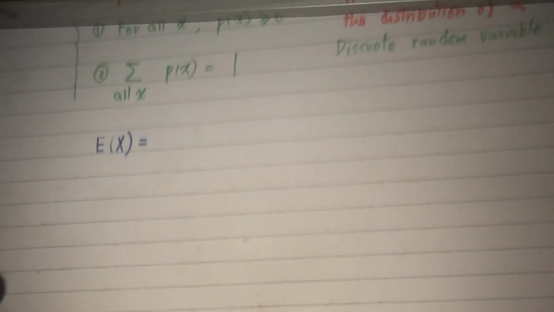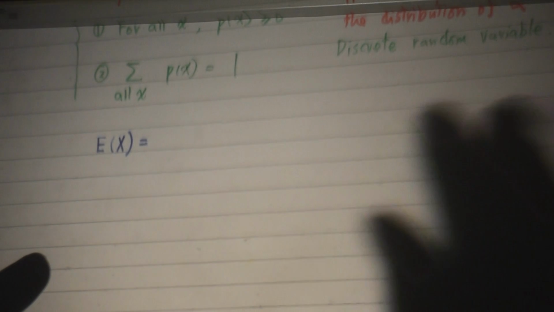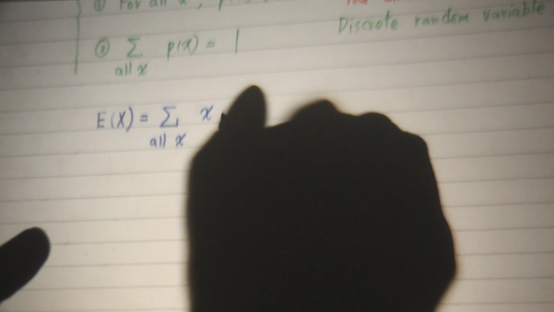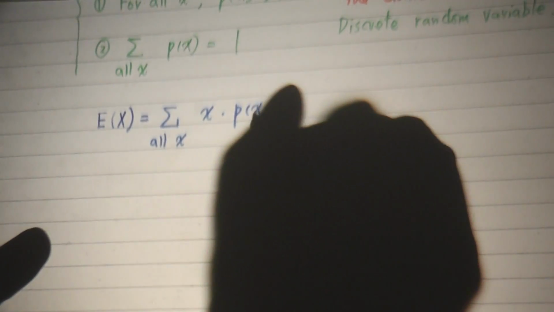Let's look at the expected value of x. The expected value of x, the formula, is the sum of what? All possible x times p(x).